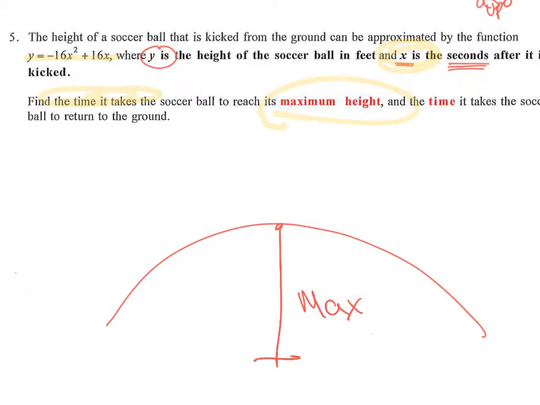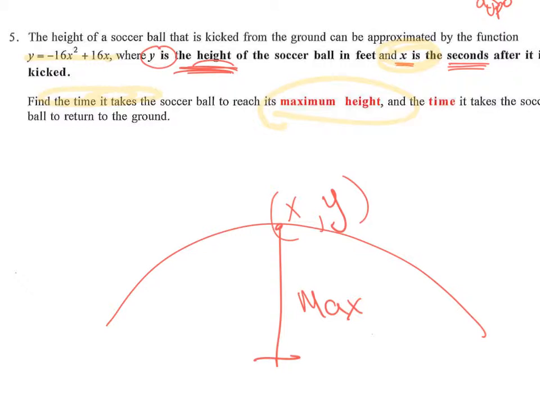I am looking for the x value of the vertex. Not the x value, the y value, because height is y. Y is height. I am looking for the y of the vertex, because that is what height is, the y value.